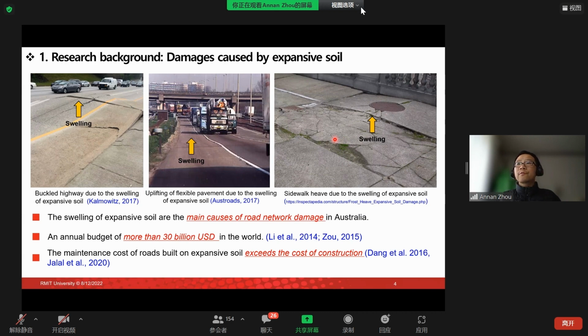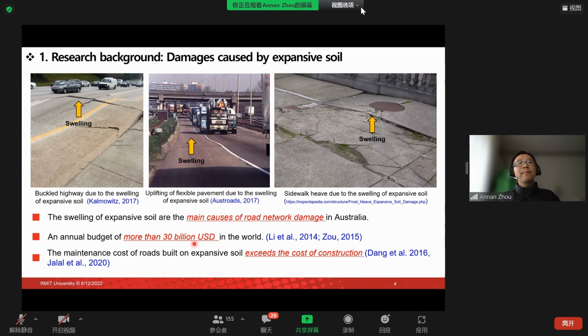The literature is full of studies from all over the world considering the problems associated with expansive soils. Globally, the annual cost of expansive soil problems exceeds the cost of the damage caused by all the other natural catastrophes. Expansive soil problems cost more than $30 billion throughout the world.